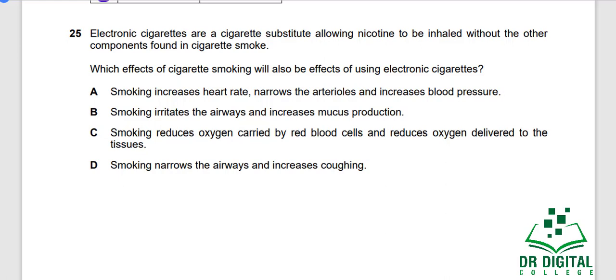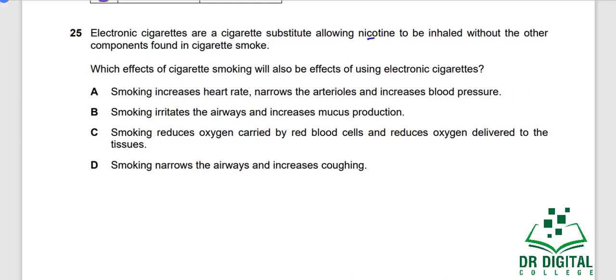So we have to see what are the common damages caused by the nicotine. Smoking increases the heart rate, narrows the arterioles and increases the blood pressure. You know that this is the job of nicotine, because it will raise the blood pressure and increase the heartbeat rate. So A could be the possible answer.